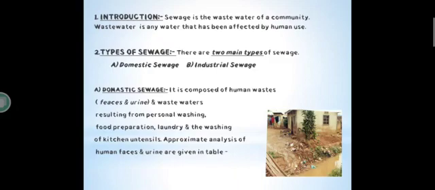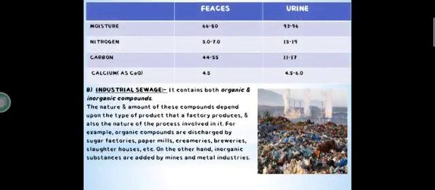Approximate analysis of human feces and urine are given. As you can see in the given table, the moisture content in the feces is 66 to 80%, while in the urine it is 93 to 96%. The nitrogen content in the feces is 5 to 7%, while in urine it is 15 to 19%.